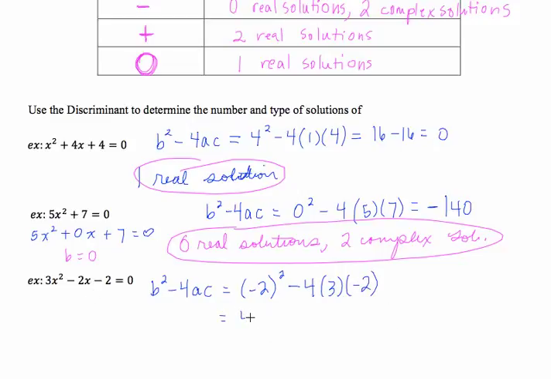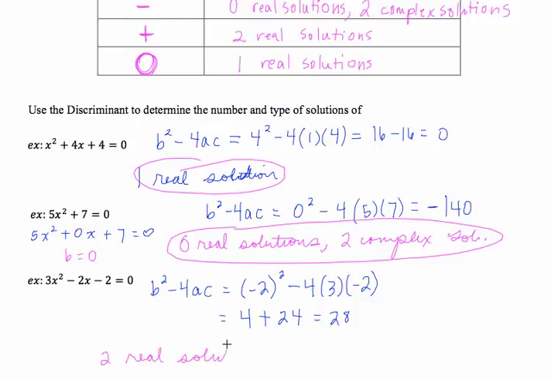Negative times a negative is going to make that a positive. 4 times 3 is 12, times 2 is 24, so we get a positive 28. So that means this equation has a positive discriminant, so we're in this case right here. It'll have 2 real solutions.